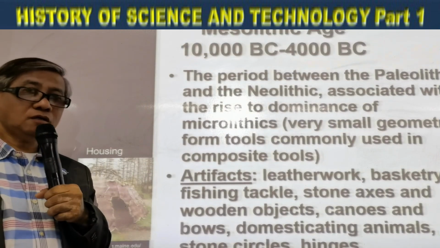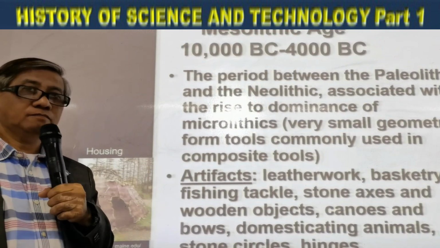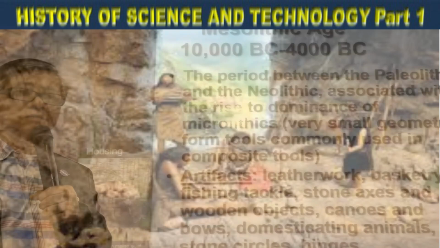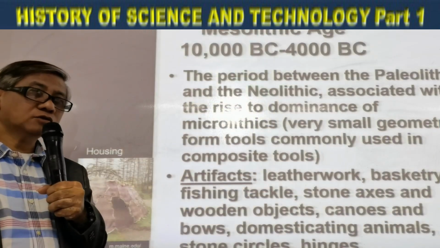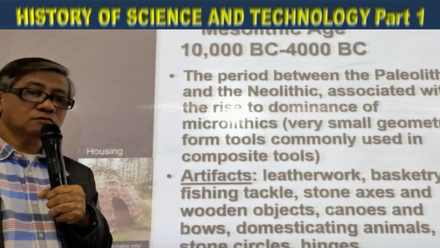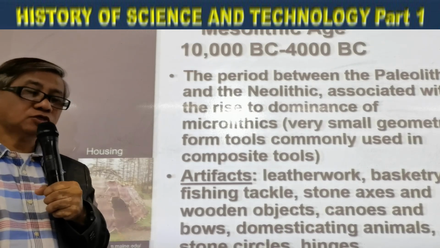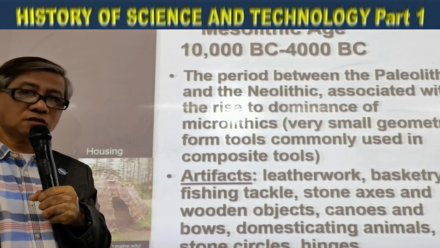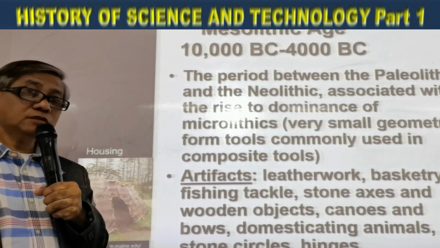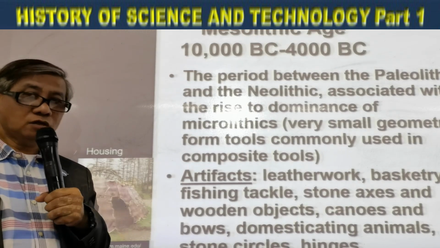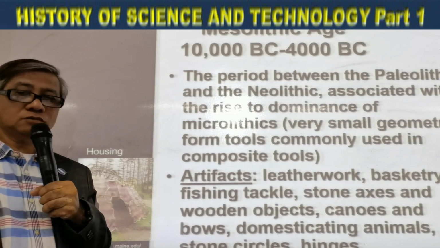They also engaged in basketry work because they had those small tools so that they could make baskets. Also, they used those small stone tools to fish. So they made fishing tackle para makahuli sila ng isda. Right? We still have the stone axes but much smaller, and they made wooden objects and canoes.